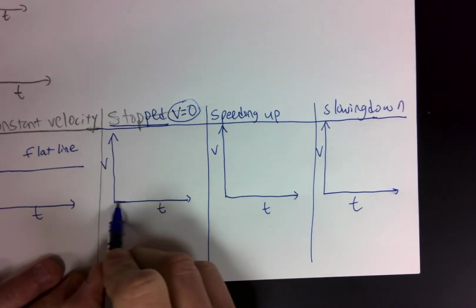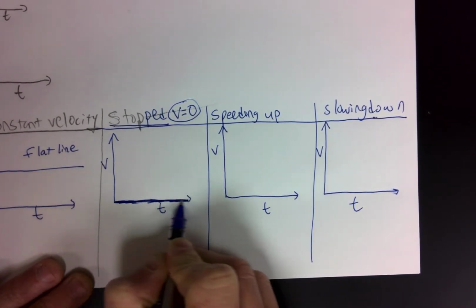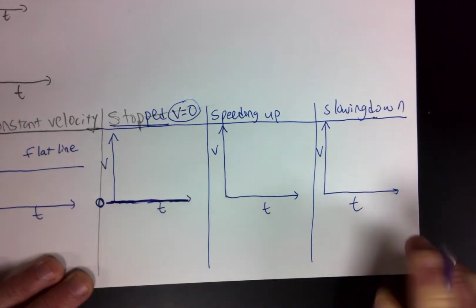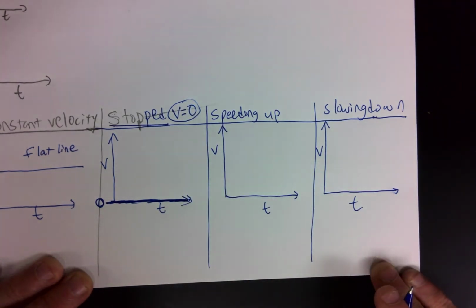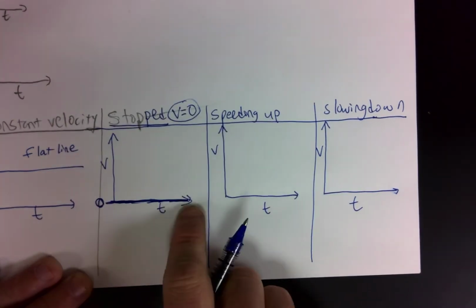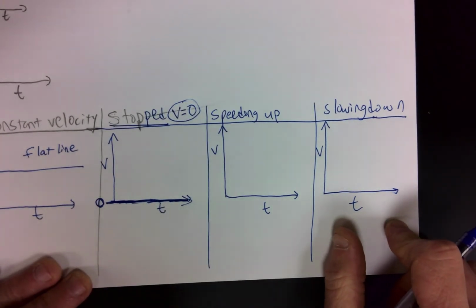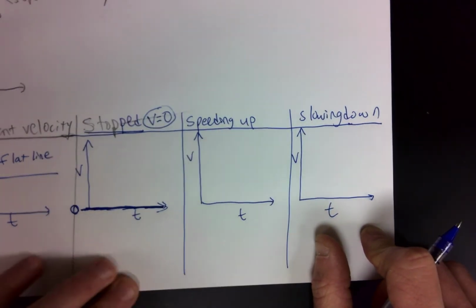So that's a flat line, but it's down here where the velocity is 0, right there. So if you get a line like that on the time axis, that means the velocity is 0, that means you're stopped. But it's still a flat line because your velocity is staying the same number of 0.